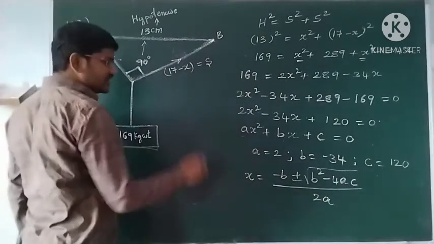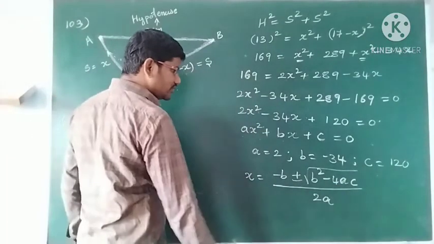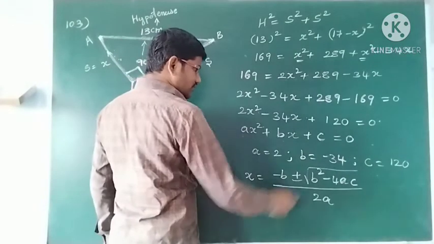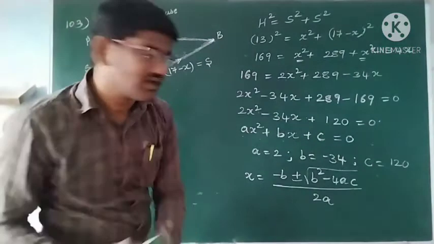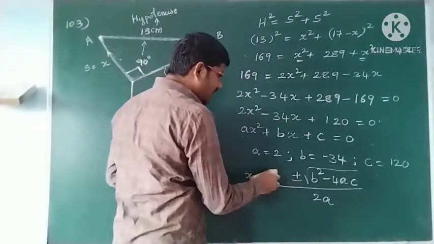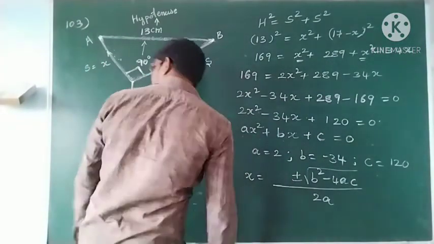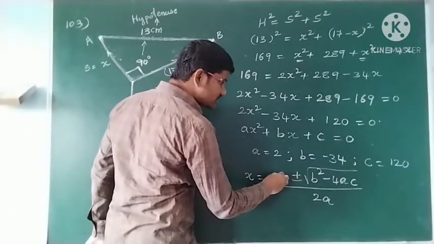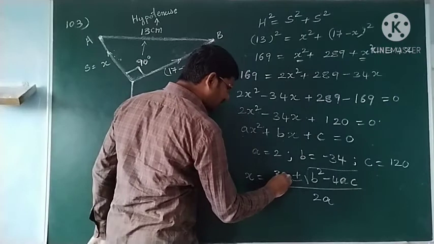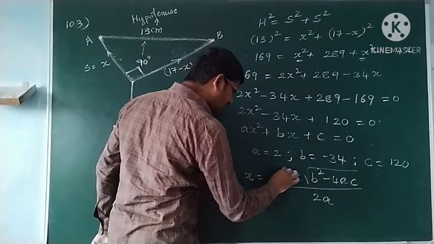And if we go for its solutions, minus b means the value of b is minus 34, so minus of minus we get plus 34.